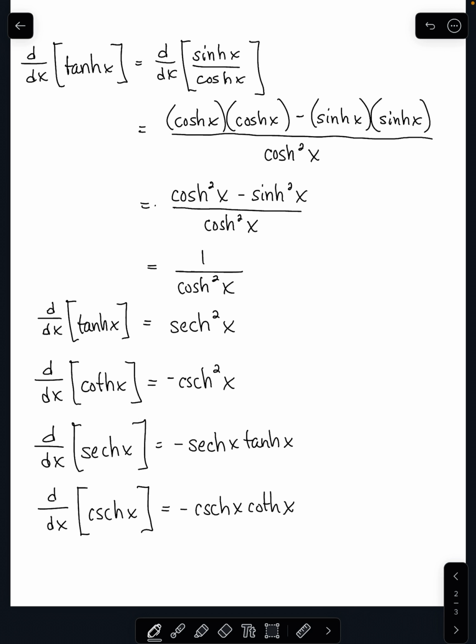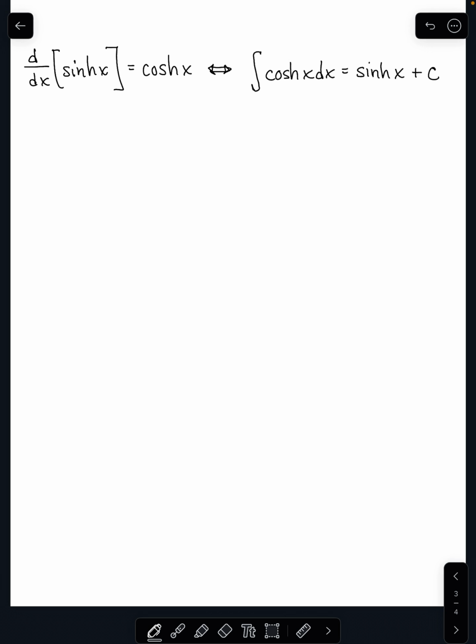Of course, each of these differentiation statements can be turned around to become an integration statement. For example, if the derivative of hyperbolic sine of x is equal to hyperbolic cosine of x, then an equivalent integration statement is that the antiderivative of hyperbolic cosine of x dx is equal to hyperbolic sine of x plus c, of course.